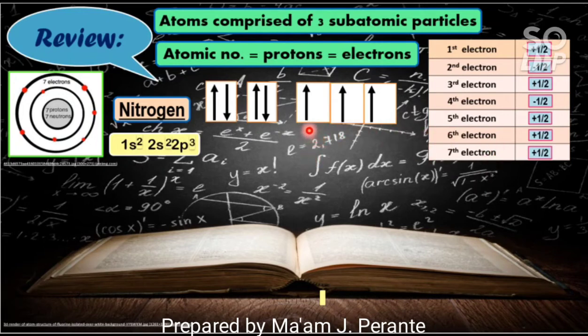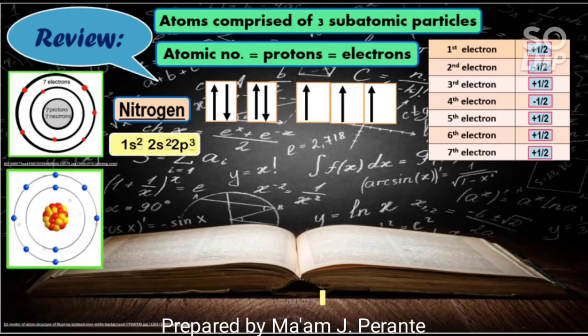So if there are 3 consecutive arrows up here, there will be 3 consecutive positive 1/2 also in the ms, or the fourth quantum number, which is the spin of the electron. Okay, and there's no more arrow down, because we already reached the electron number of nitrogen, which is 7.